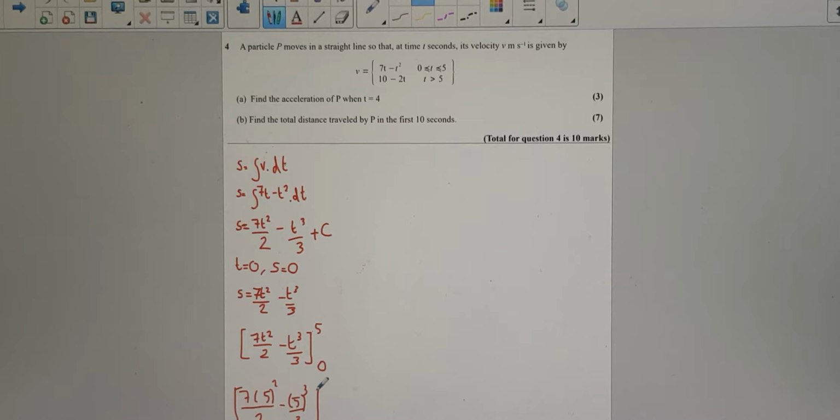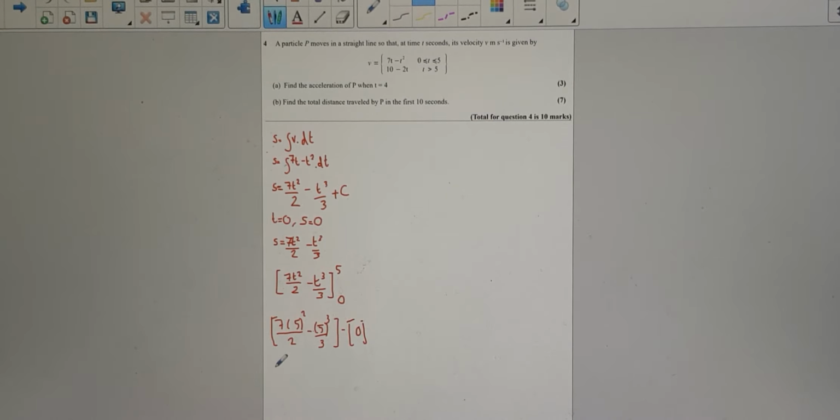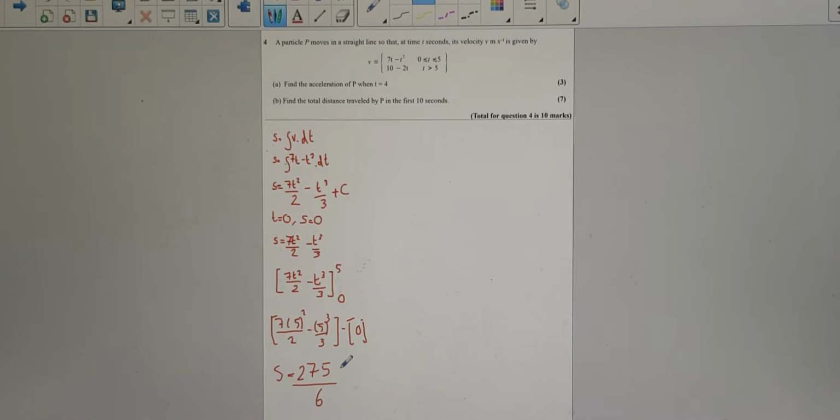That's it when t equals 5, and when t equals 0, that expression is just going to equal 0. Therefore, for this bit, s equals 275 over 6. So that's how much the displacement is, or how much distance it's covered in the first part.